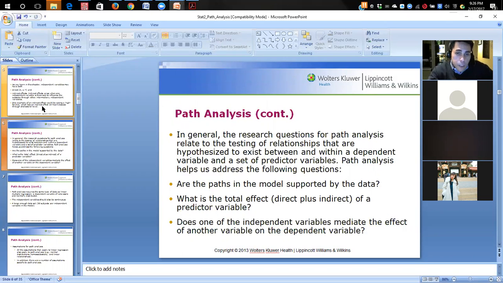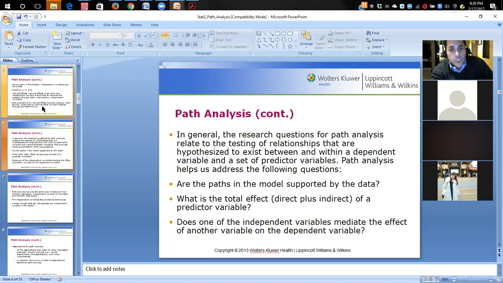The researcher must have a very good understanding of the state of the science of that particular inquiry, and the researcher already theorized the possible path of these different predictor variables, how they directly and indirectly affect each other as independent variables. And then in path analysis, the paths in the model must be supported by the data.